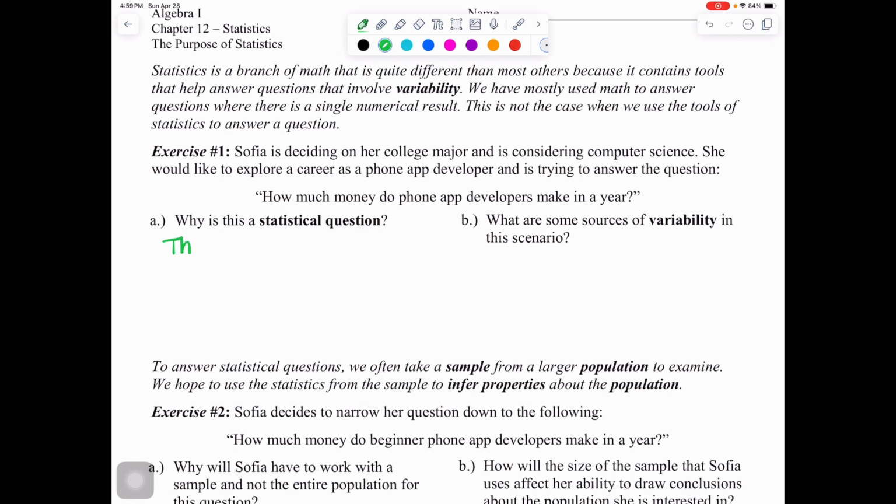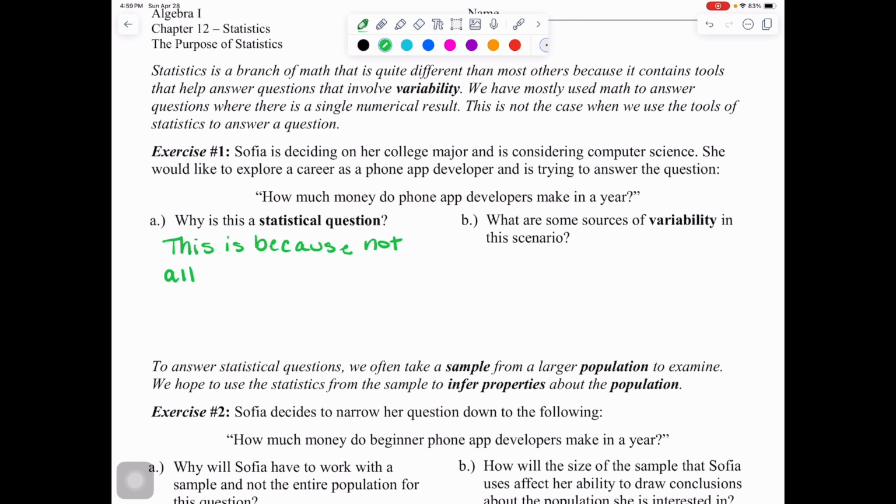So this is because not all people are going to make the same amount of money, right? So there's definitely going to be variability in this question because the answers are all going to be different.